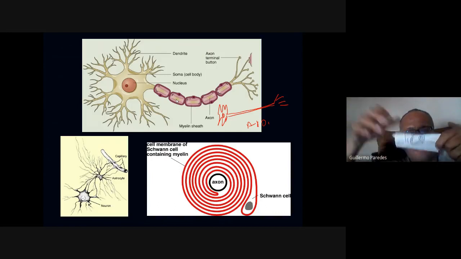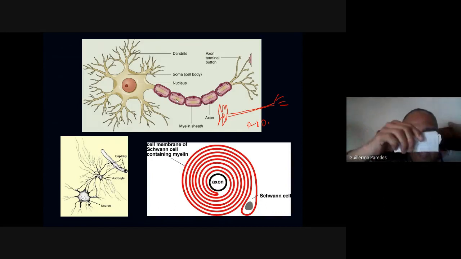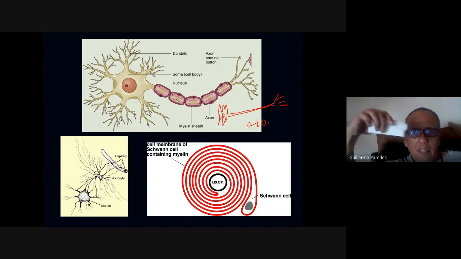Can you see the nucleus of the Schwann cell? It is this. So you have one, two, three, four, and many of them, one after another. These are going to be called the Schwann cells. This is the nucleus of the Schwann cell. This is the axon, and that is going to be wrapped around many times.